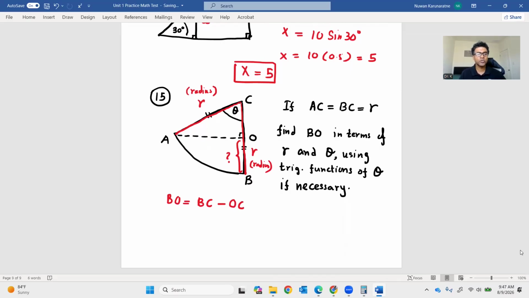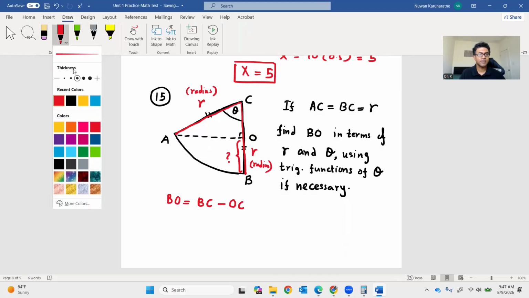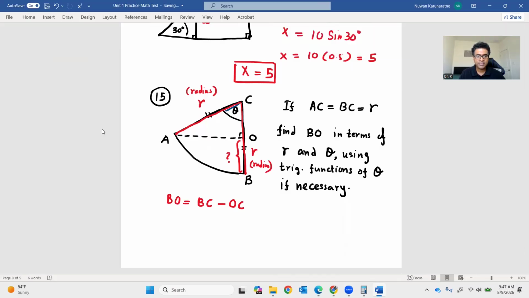Now, what is OC? Again, you have to use trigonometry. If you use trigonometry, you see there's a nice right angle triangle here. The hypotenuse is our radius, theta, and I'm asking OC. This side is the adjacent side, right?